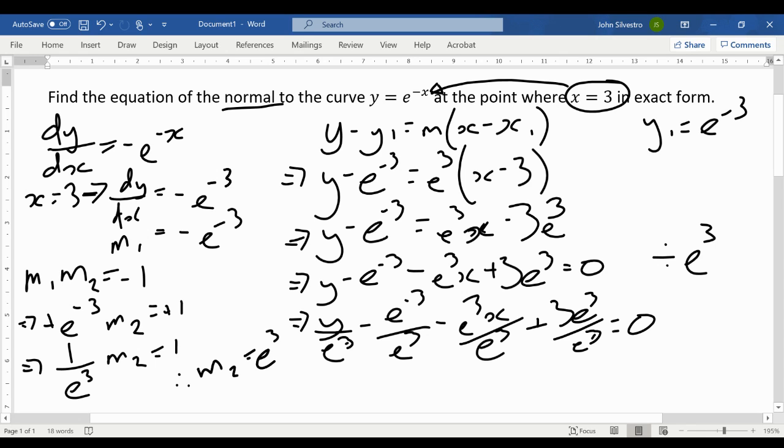So what happens is that e cubed and that e cubed cancel out, that e cubed and that e cubed cancel out. So what I now have is y e to the negative 3 minus e to the negative 6, then we're going to have minus x plus 3 equals 0.